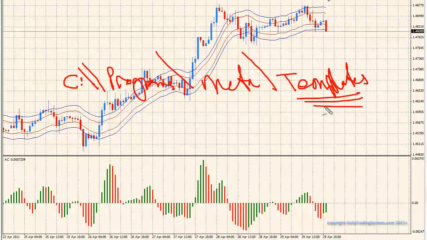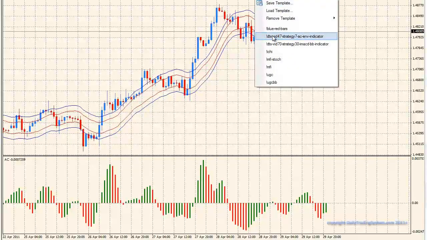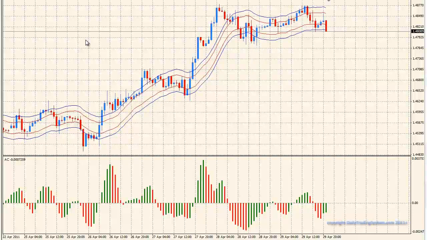That's where you want to place the template that I'm going to give you. You don't need to restart your trading station, not like with a Forex robot, where sometimes you need to restart it. Once you've put in the template, just choose that. There's no need to restart the trading station.